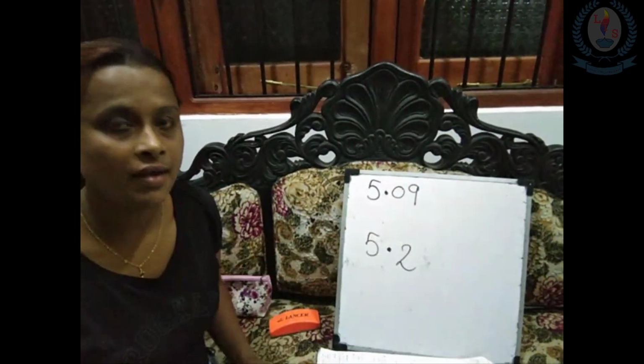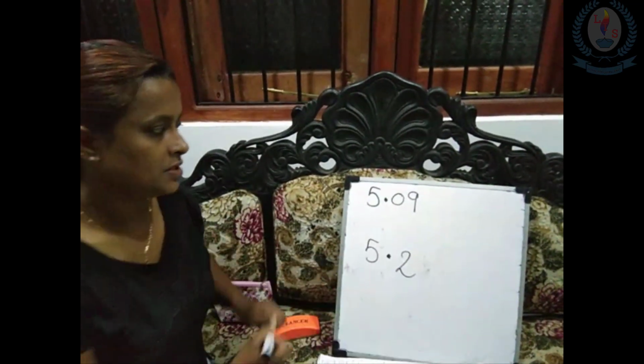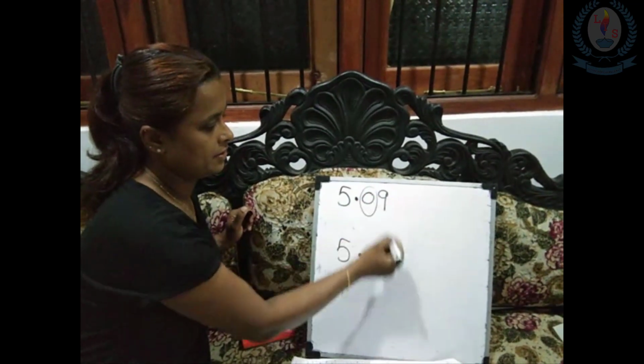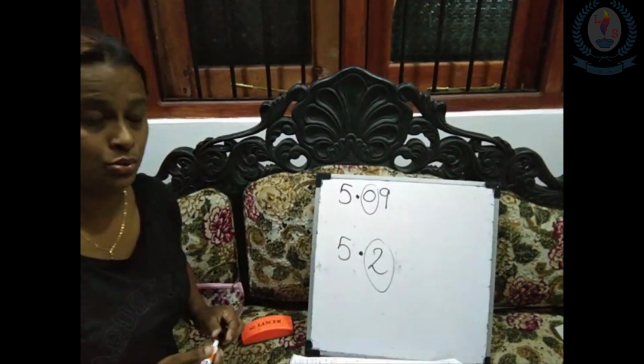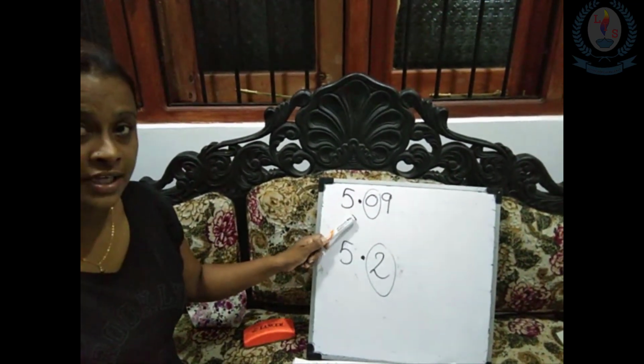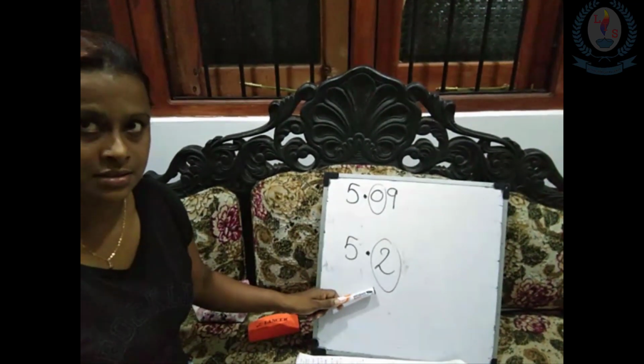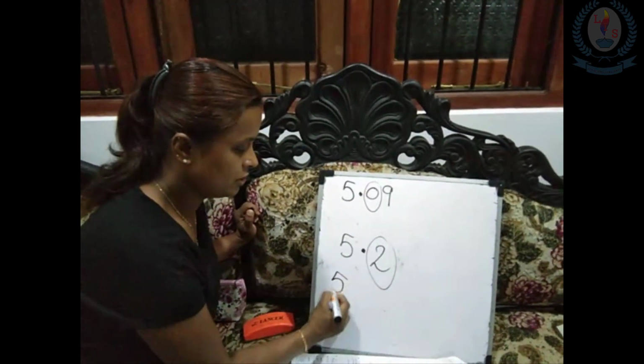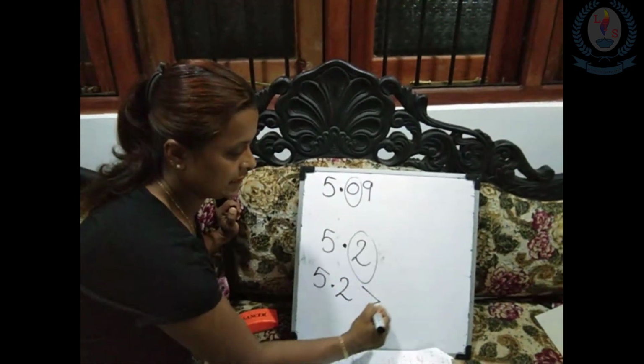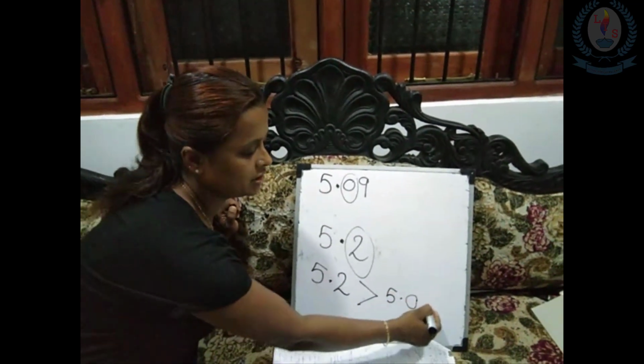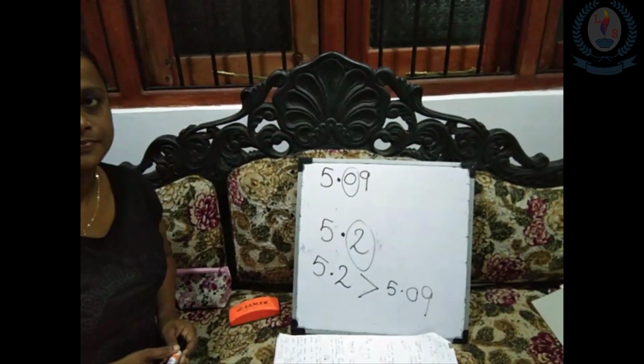So no need to go to the hundreds place. 0 tenths is smaller than 2 tenths. So we can write 5.2 is greater than 5.09. Now it's clear how to compare two decimal numbers.